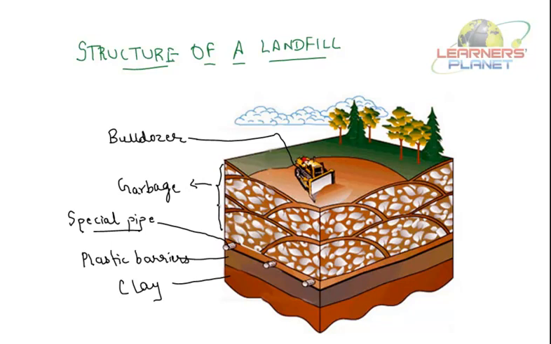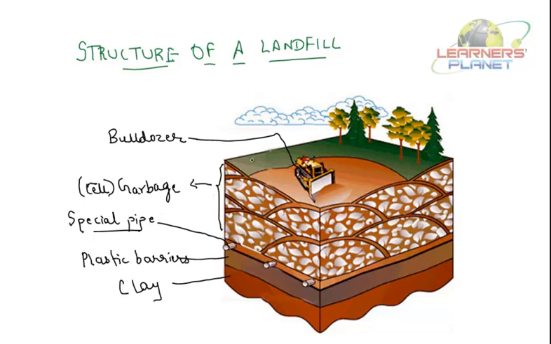And here you can see a very big layer of garbage, where each day's garbage is buried in a separate compartment called a cell. So cells are separated from one another, usually by layers of soil.